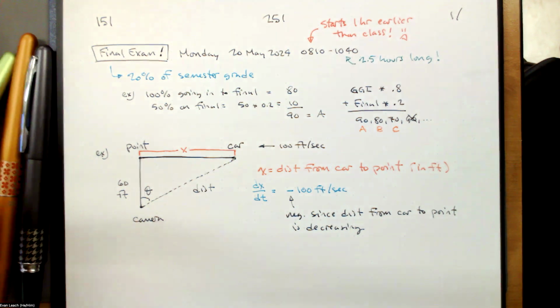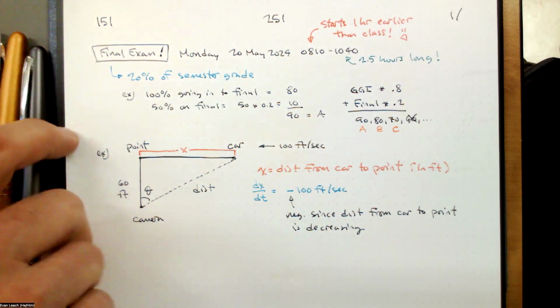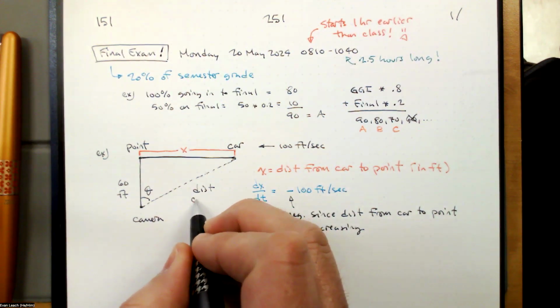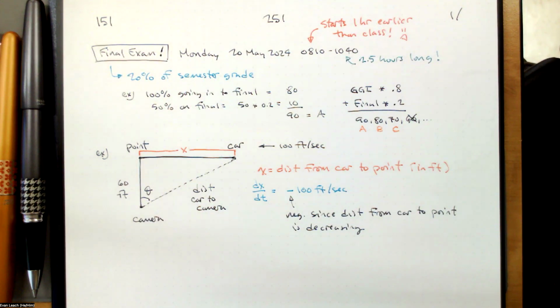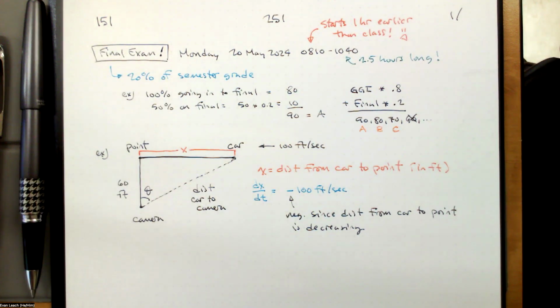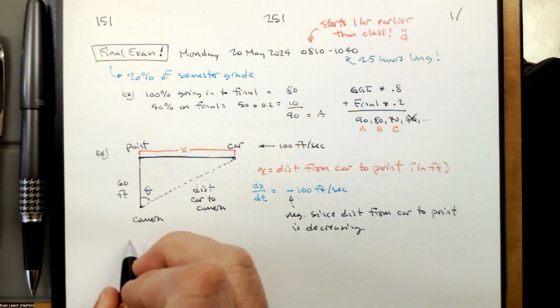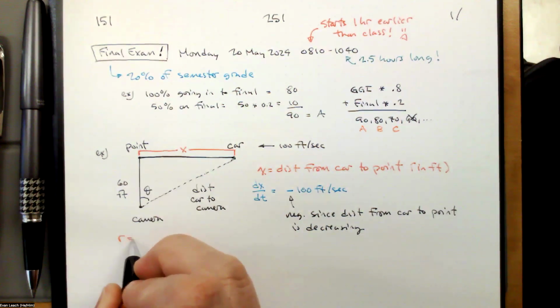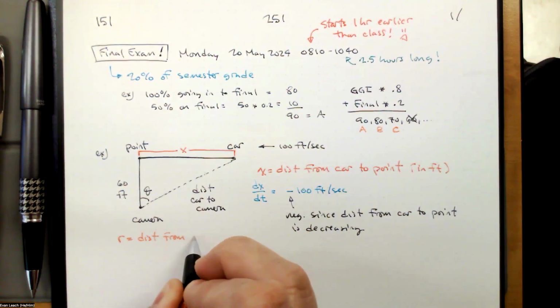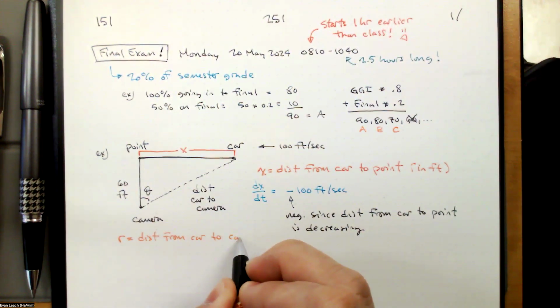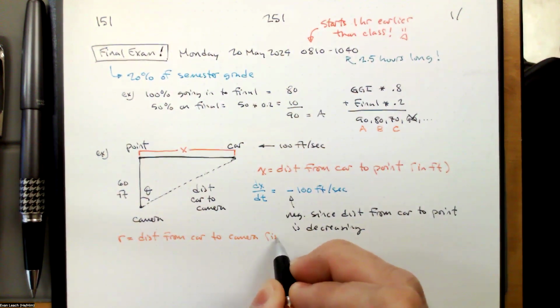So if I give the distance from the car to the camera, that value is also changing. The only thing fixed here is the 60 feet. So I'm going to give the distance from the car to camera a different name. I'll call that r, and that is also going to be in feet.